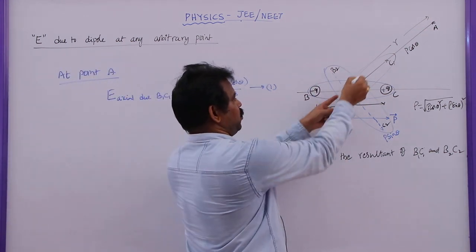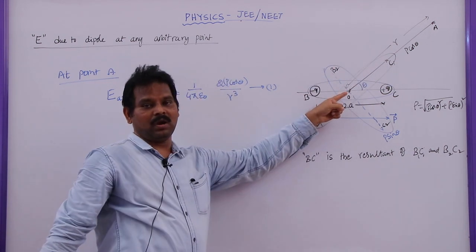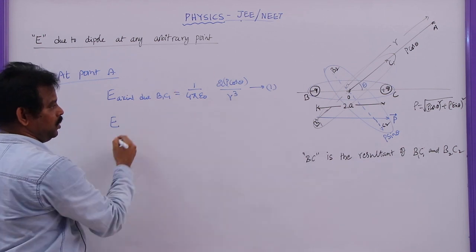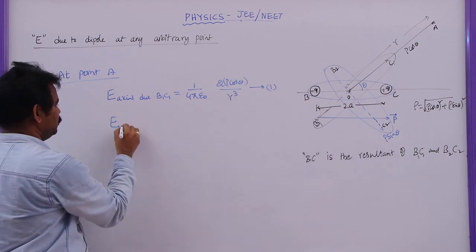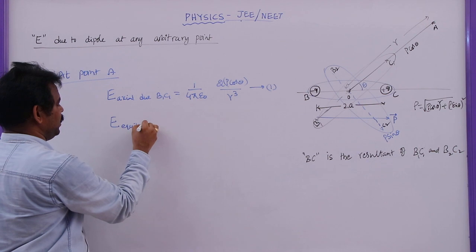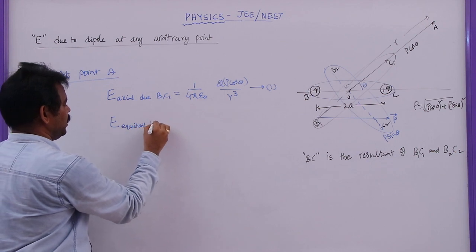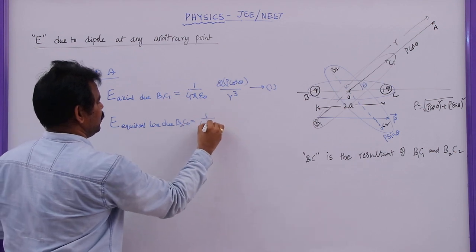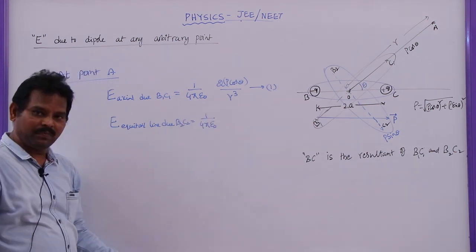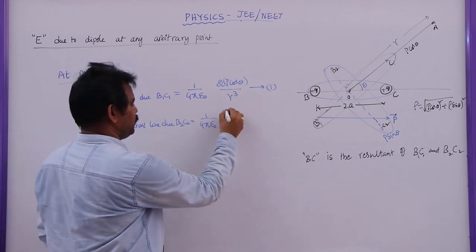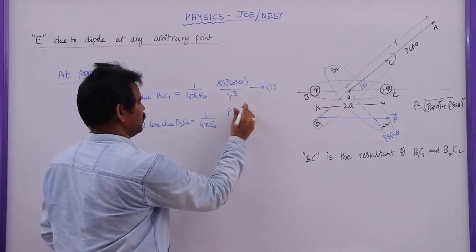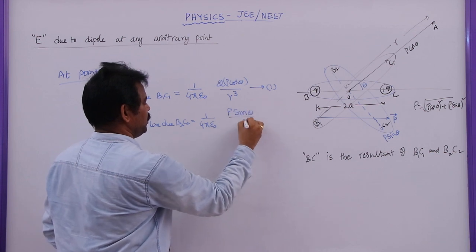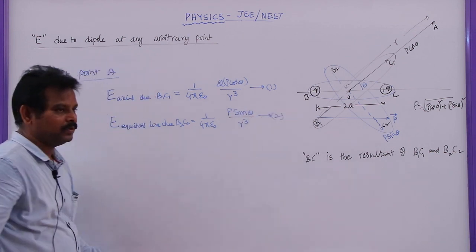The electric field at point A, that is on the equatorial line due to B2 C2, is given by 1 by 4 pi epsilon naught, p by r cube for the equatorial line. Here p is p sin theta, so it is p sin theta by r cube, equation 2.